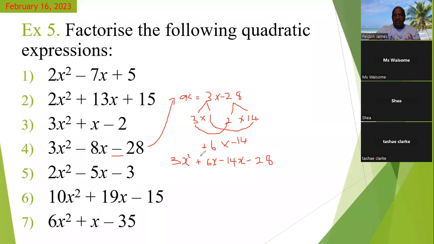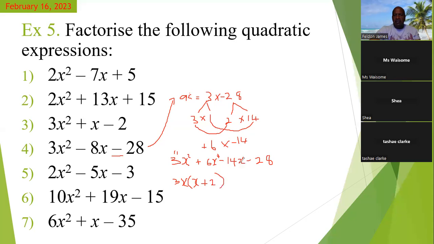And then we factorize by grouping. For this pair, we have common factor 3x. 3x into 3x squared leaves x, and 3x into 6x gives you positive 2.